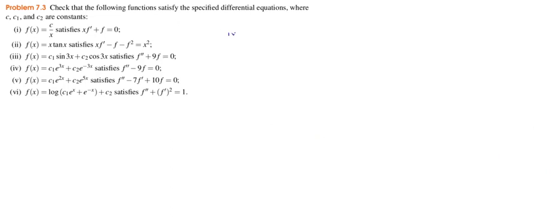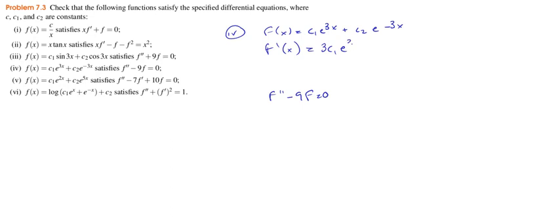Let's do part 4. f of x is c1 e to the 3x plus c2 e to the minus 3x, and it satisfies f second minus 9f equals 0. The first derivative is 3c1 e to the 3x minus 3c2 e to the minus 3x, and the second derivative is 9c1 e to the 3x plus 9c2 e to the minus 3x.